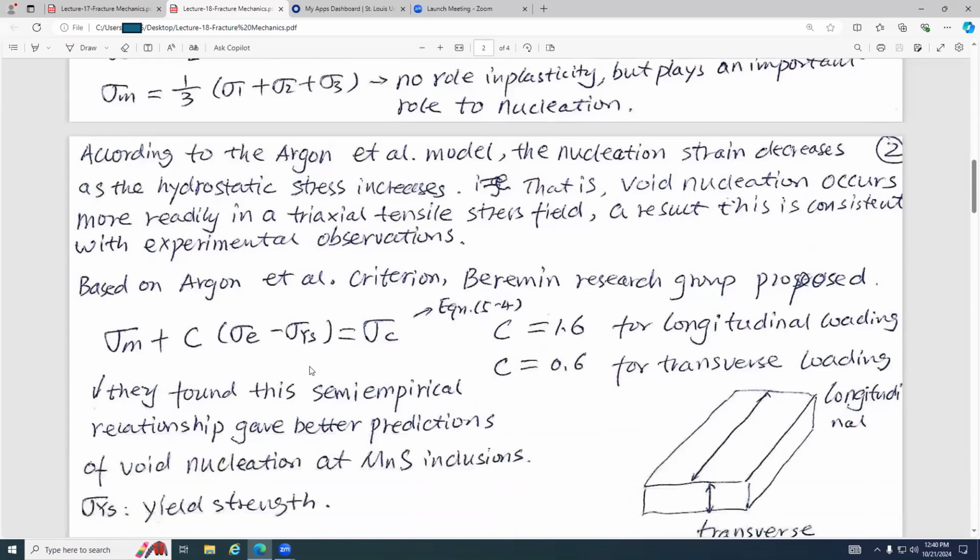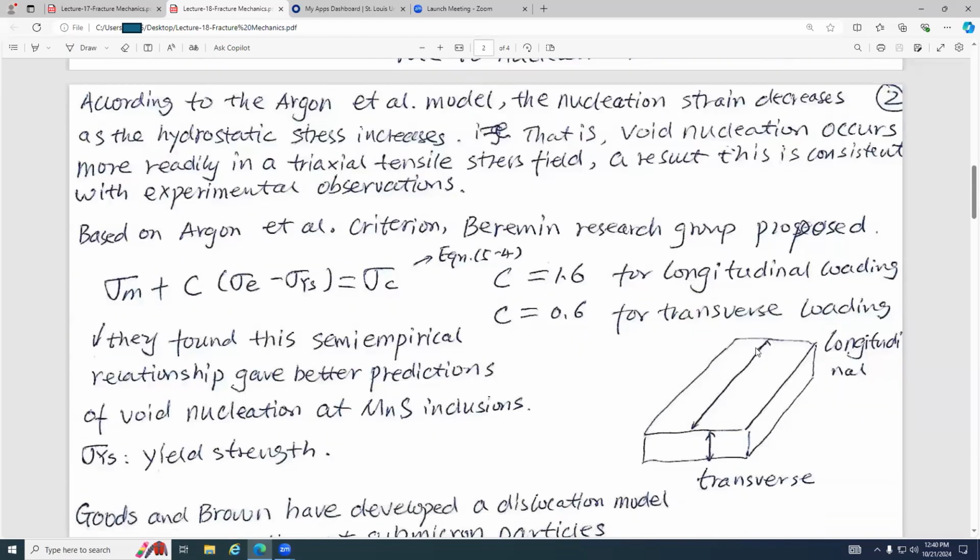And for this specimen, for longitudinal loading along with transverse loading, they are using different coefficient values. For example, for longitudinal loading, they use C equals 1.6, and for transverse loading, they define C as 0.6.